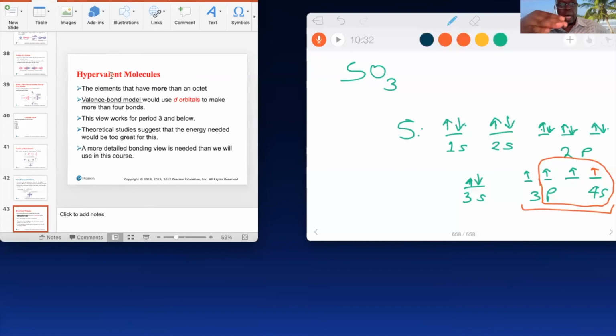Below row 2, that is row 3 and below, we call those molecules hypervalent, and in this case, we are not going to get into the details of doing that hybridization. We leave that. That summarizes the valence bond theory on how a covalent bond is formed.